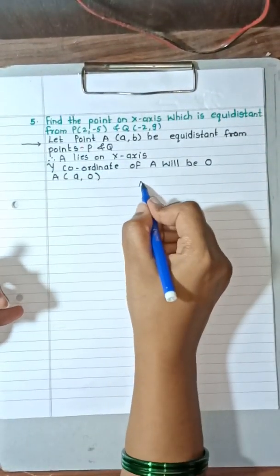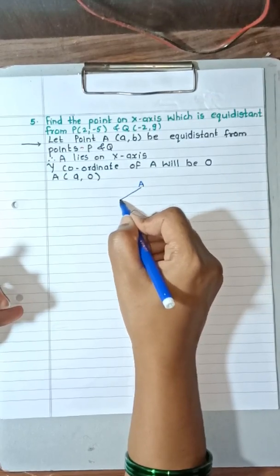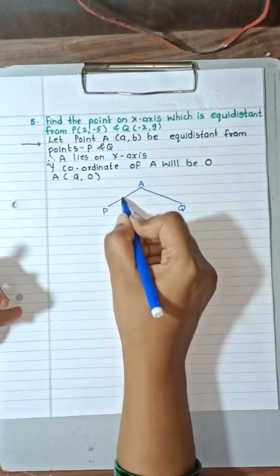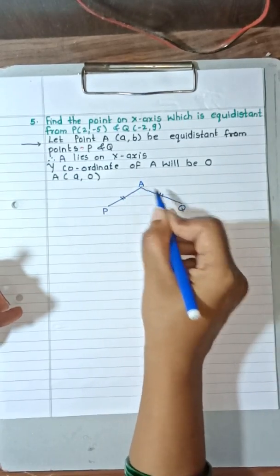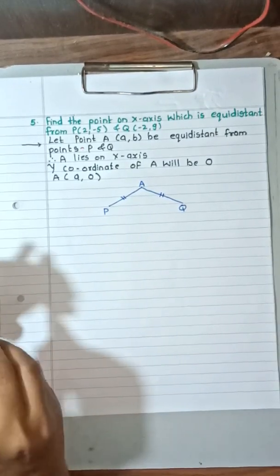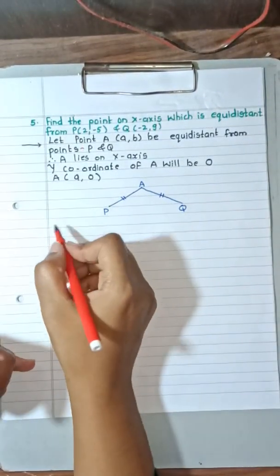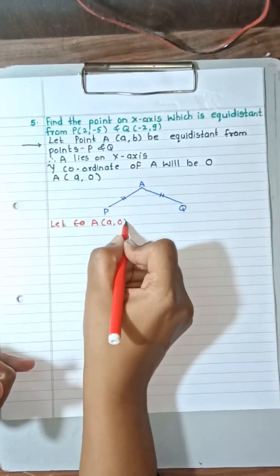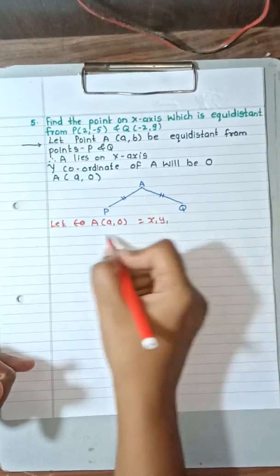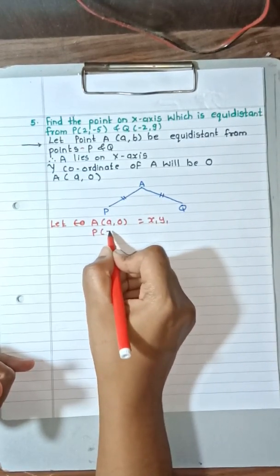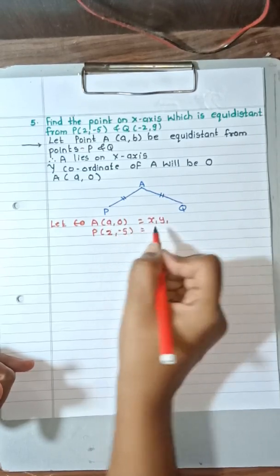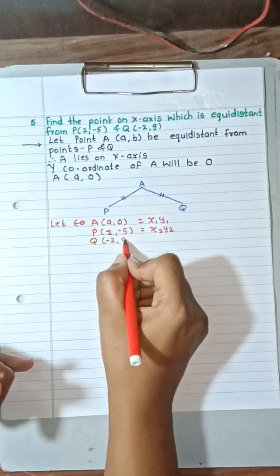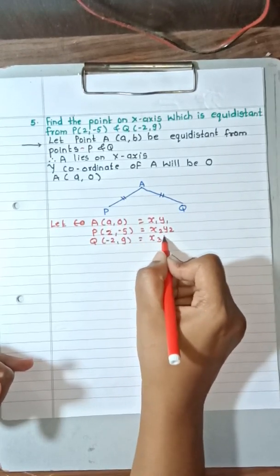This is A, okay, and this will be your point P and this will be your point Q. So write down your P and Q. So A is equidistant from P as well as from Q. Okay, therefore I'll write down here, let A(a, 0) is equal to x1 y1, P(2, -5) is equal to x2 y2, and Q(-2, 9) is equal to x3 y3.